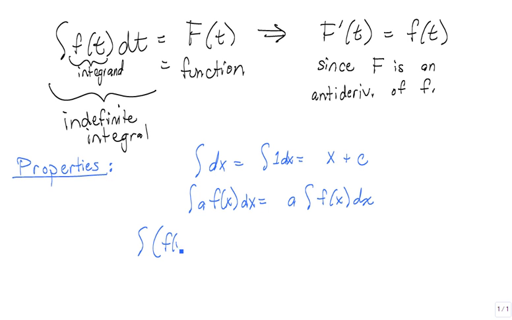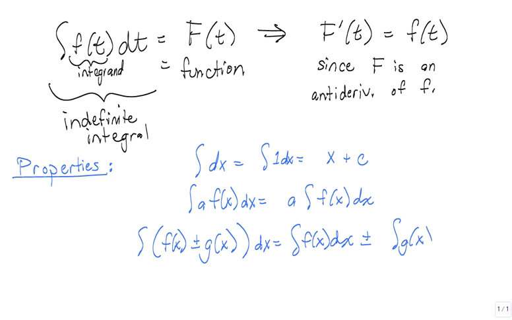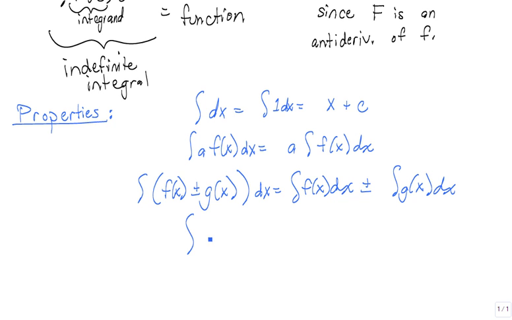If I have two functions being added or subtracted, I can separate them out. And the exponent rule, where I just add 1 to the exponent and divide by the new exponent, as long as n doesn't equal -1, otherwise you have 0 in your denominator.